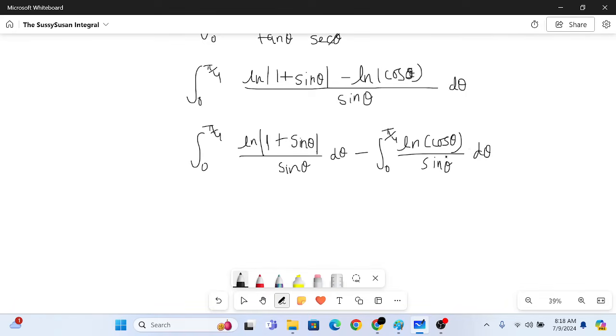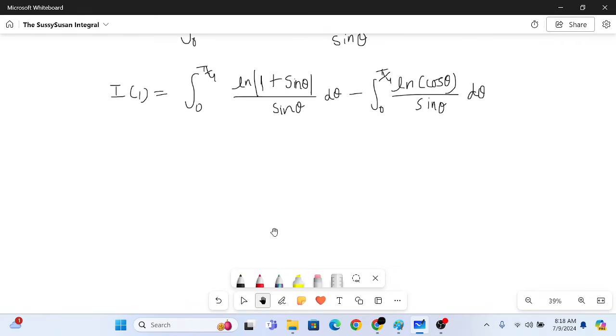Now what I can do is, we know that this is I of 1. Yes, now if I multiply this expression by 1 minus sine theta, something interesting happens: the terms cancel out and it becomes easier.